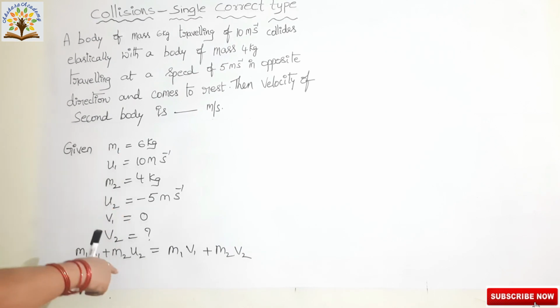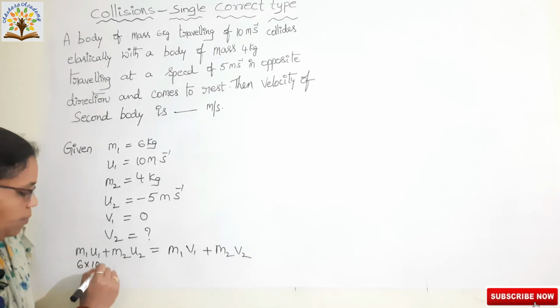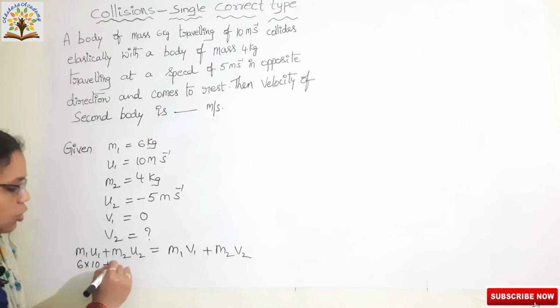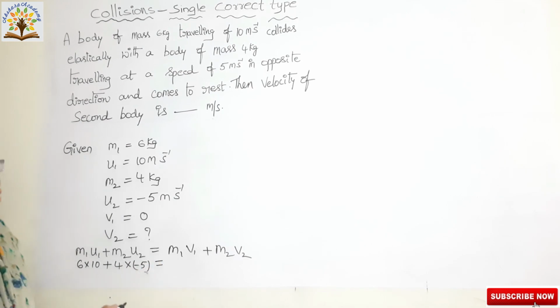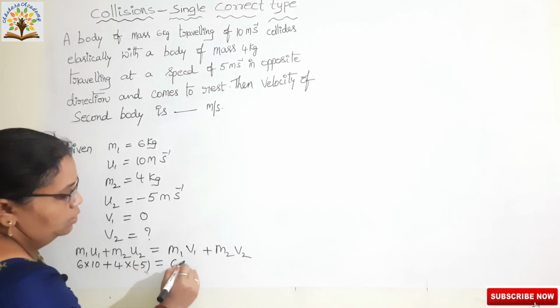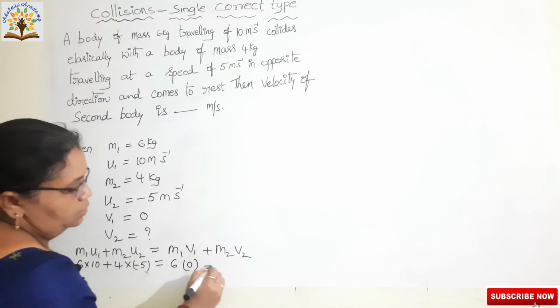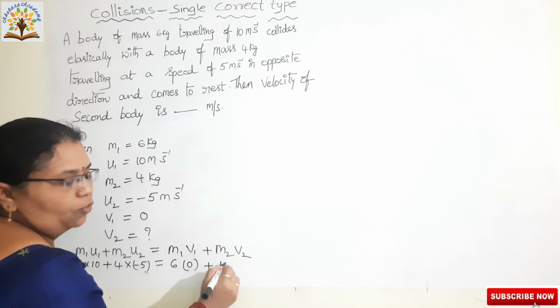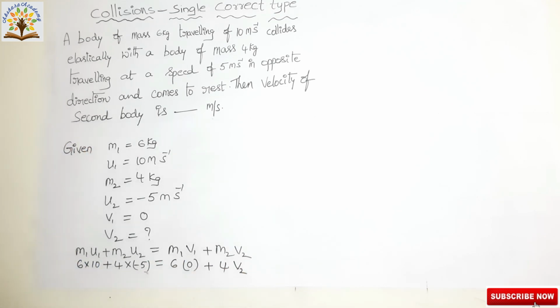Substituting all these values in this equation: m1 is 6, u1 is 10, 6 into 10 plus m2 4 into minus 5 is equal to m1 6, v1 is 0, plus m2 4 into v2. What is v2? You have to calculate.